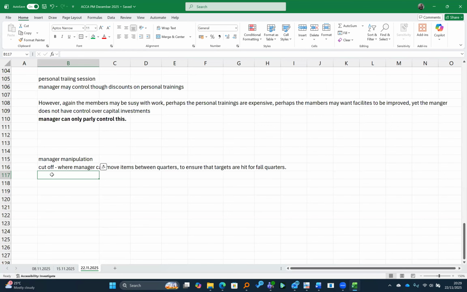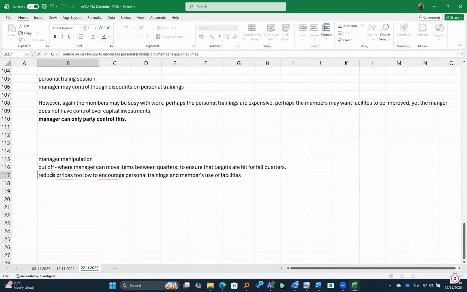Then the other way that the manager can do it, he can reduce prices too low to encourage personal trainings and members' use of facilities. So this would work.